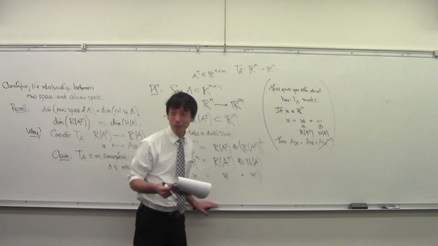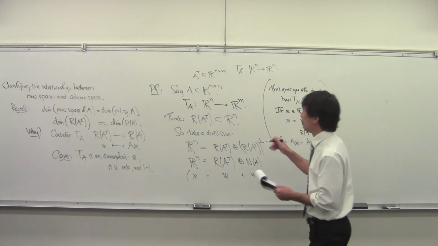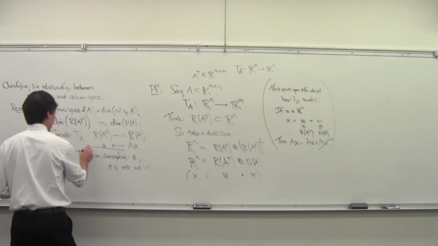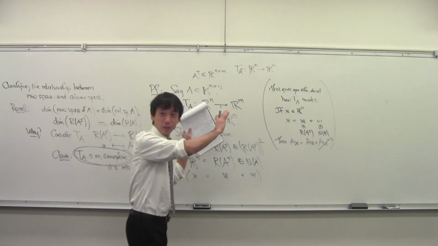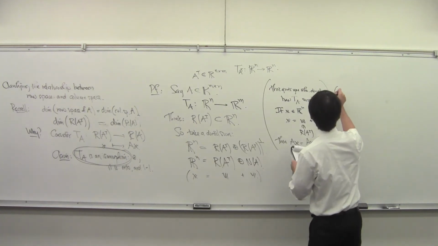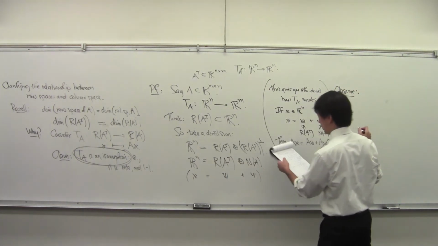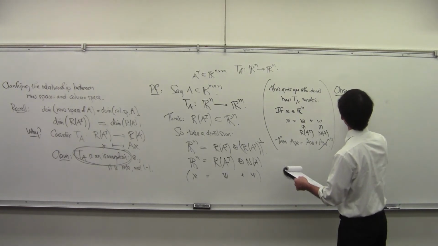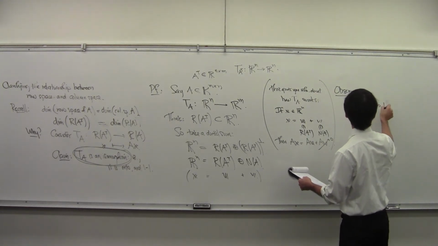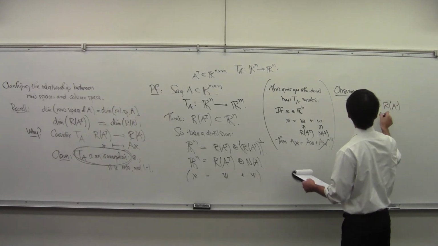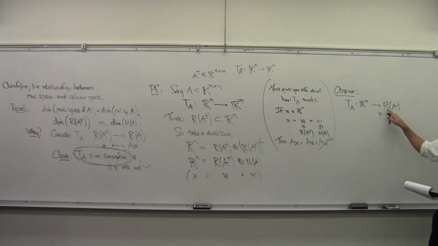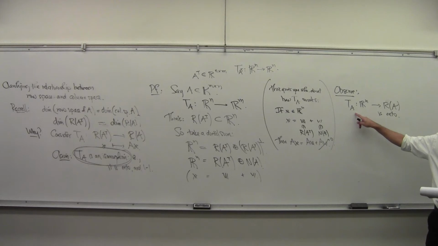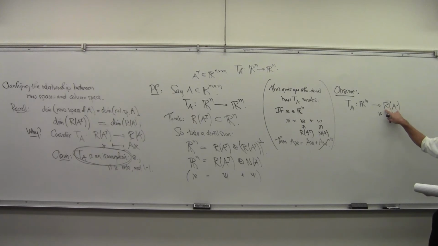Okay, so now let's see if I can explain to you why this thing is an isomorphism. I'm just setting up the background here, and now let's talk about the proof itself. Observe, TA from Rn to RA is onto, because RA is the range of A. If we take everything in the input, that gives us everything in the output.